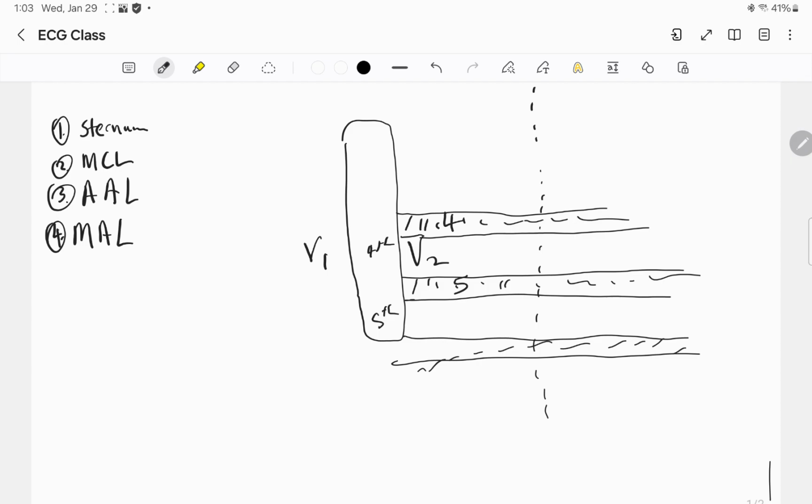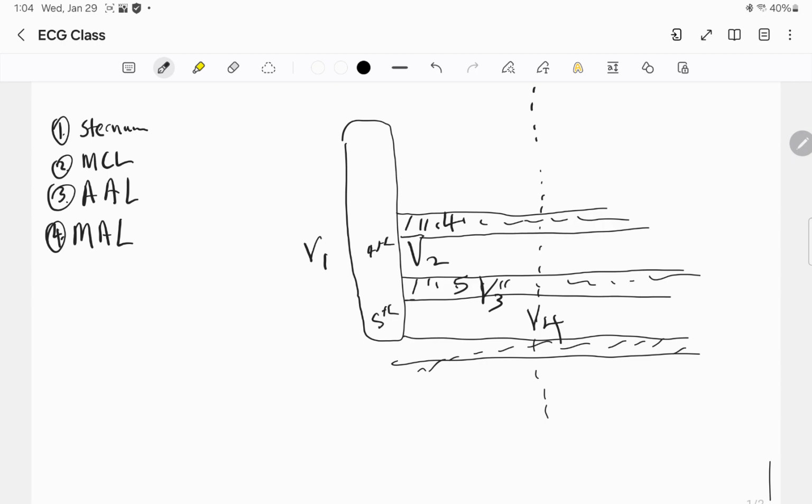So in the fifth space, in the midclavicular line, that's where V4 goes. So we skip 1. So then where does V3 go? V3 goes midway diagonally, right, between V2 and V4. So basically, you find V4, right, and then you put V3 right in the middle, okay?